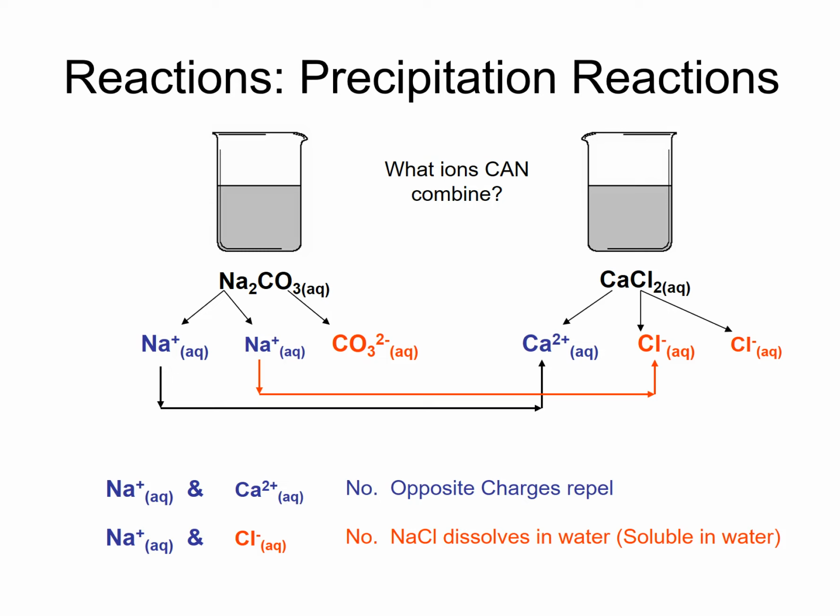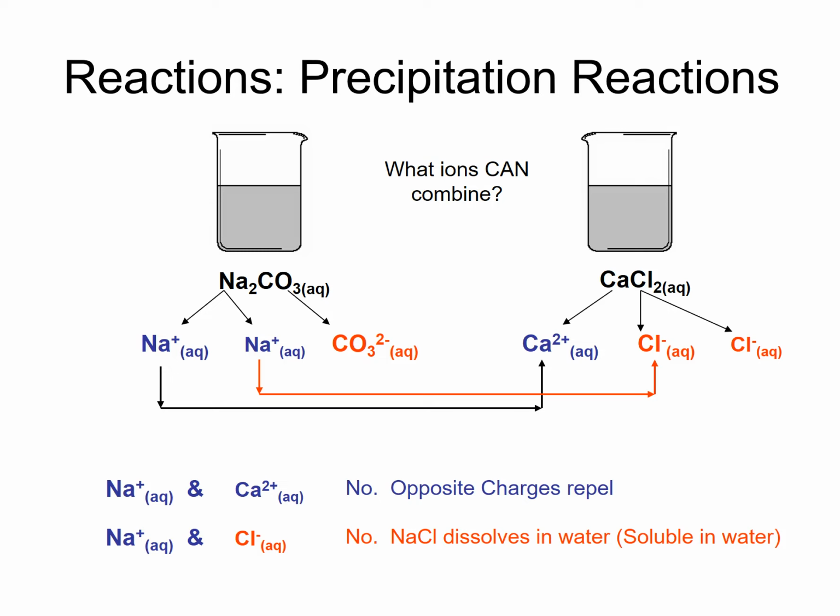That is to say that it's soluble in water. And there's no reason to think that when sodiums and chlorides are placed into the same swimming pool, into the same water solvent, that they will behave in any different way. Sodium chloride is soluble in water, therefore we do not believe that the sodium chloride combination is a likely identity for the solid that forms.